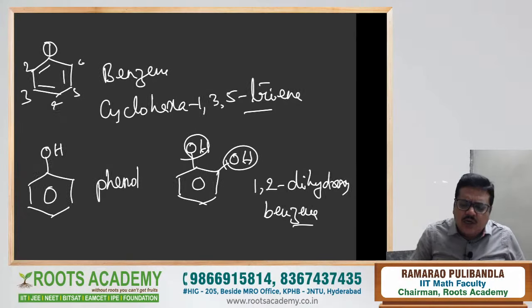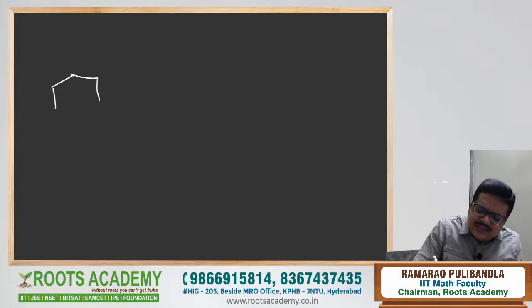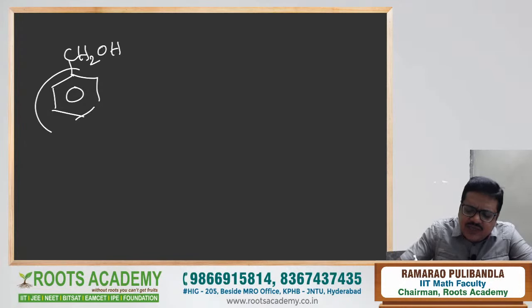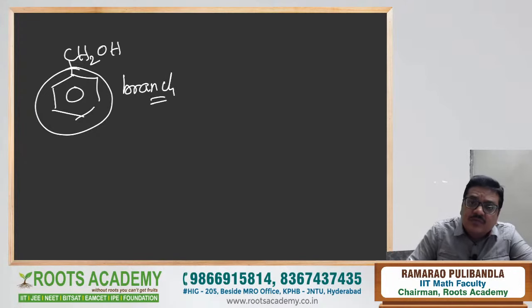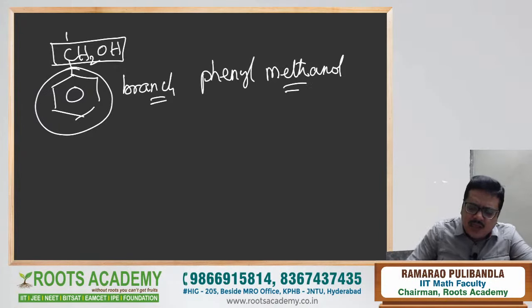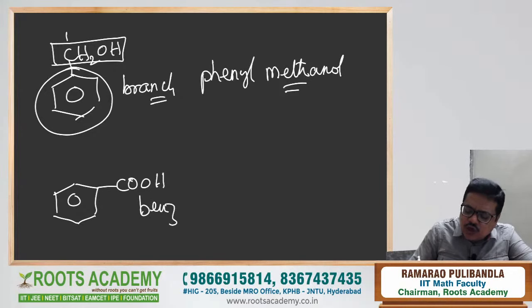Now if the benzene ring is connected by a carbon having OH, the benzene ring is taken as a branch. So it is only one carbon, so phenylmethanol. If the benzene ring is connected by COOH, we will call it benzoic acid.